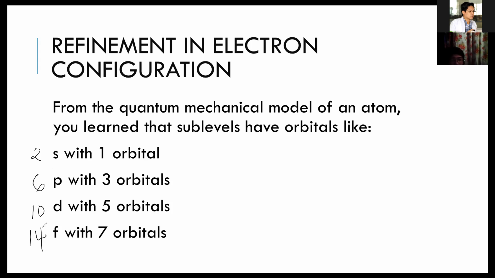That's why it has 7. This is the orbital for S. One up and one down arrow represents 2 electrons. The P can hold a maximum of 6 electrons, therefore it has 3 orbitals: 1, 2, and 3.